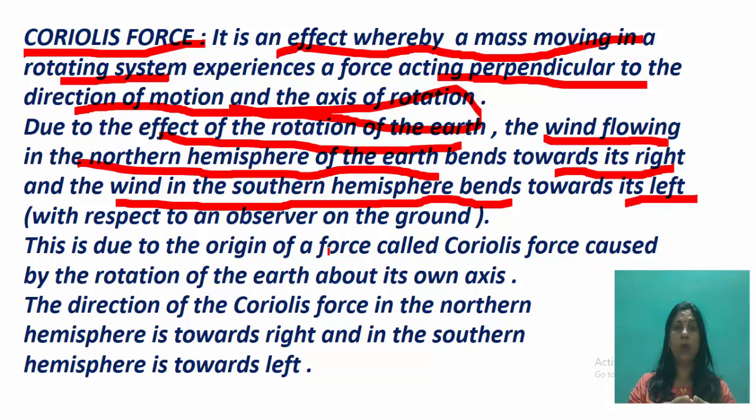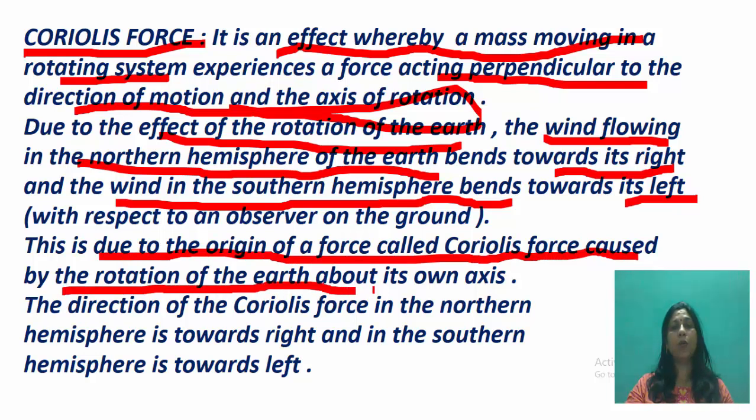Suppose you are standing on the ground, due to this Coriolis force, you will observe that the wind flowing in the northern hemisphere, means above the equator, bends towards its right, and the wind in the southern hemisphere bends towards its left. This is due to the origin of a force which is called Coriolis force, which is caused by the rotation of Earth about its own axis.